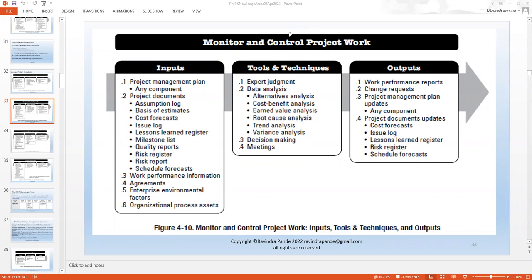In work performance information, like we discussed in schedule forecast, how a particular resource is working for a given task at hand. Is it on time, delayed, in time? And I'll have certain trends built on those scenarios, and I'll allocate a certain number of tasks to him or her depending upon his experience.